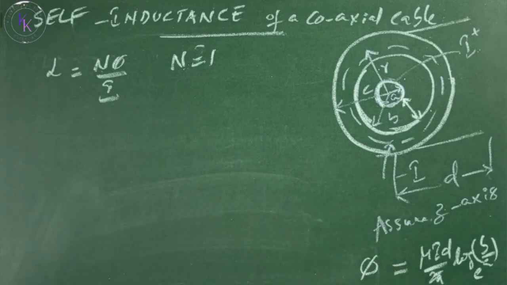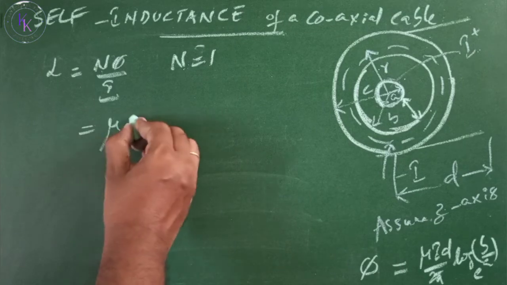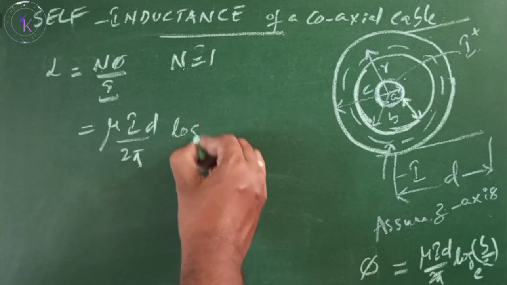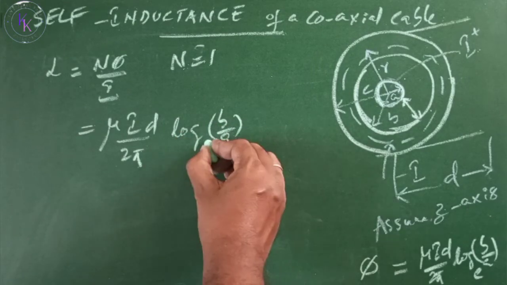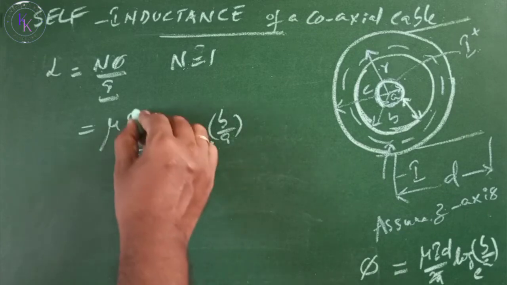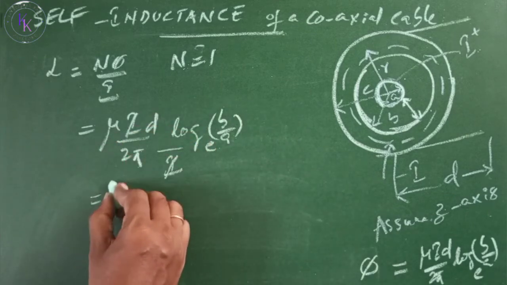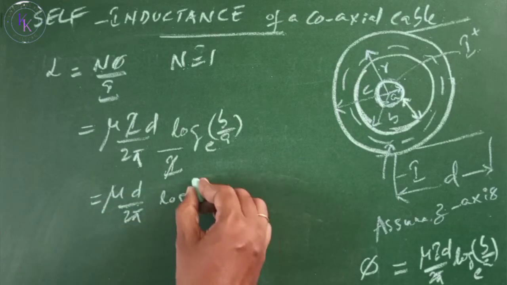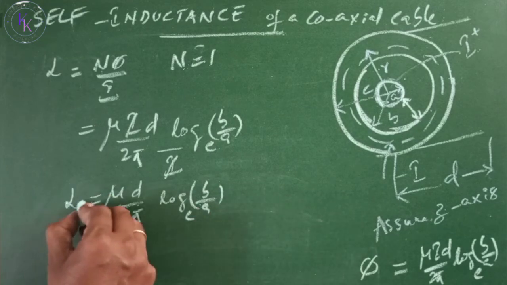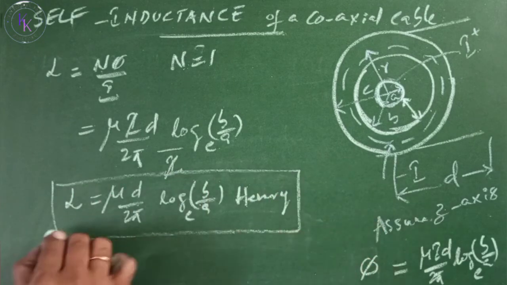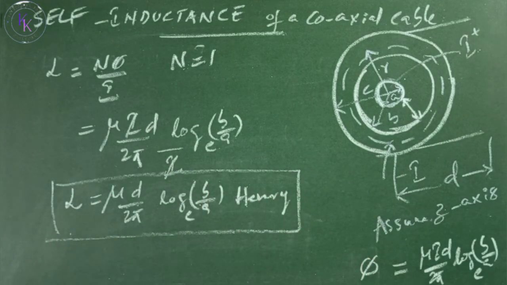Now substitute these things, then you get mu I D by 2 pi log B by A to the base e as N phi, divided by I. Now I gets cancelled, then you get mu D by 2 pi log B by A to the base e as our inductance L in henry. This is the inductance of the cable for the entire length D.